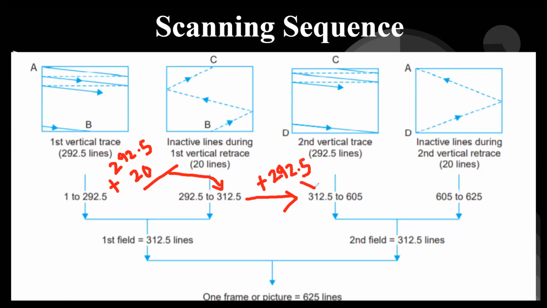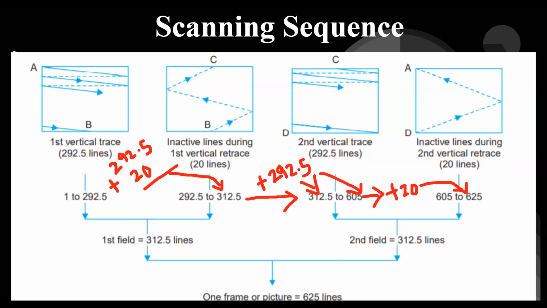Therefore you are able to get 605. So 605 plus 20, so you are able to get what is the answer here? 625. So this is the way how you maintain the particular scanning sequence.